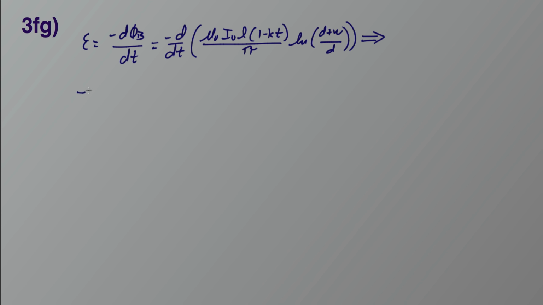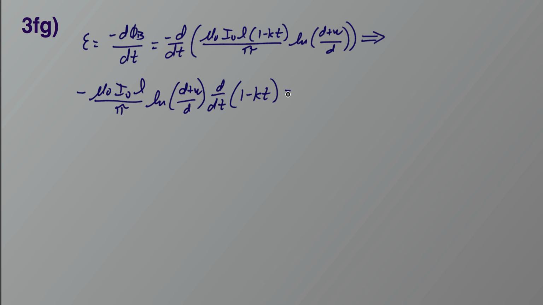So I would say that is minus mu naught I naught L, all divided by pi, natural log of d plus w divided by d times our differential of 1 minus kt. Differential of 1 minus kt is just going to be minus k. Negative, negative will cancel out, and I come up with mu naught I naught L k over pi times the natural log of d plus w divided by d.